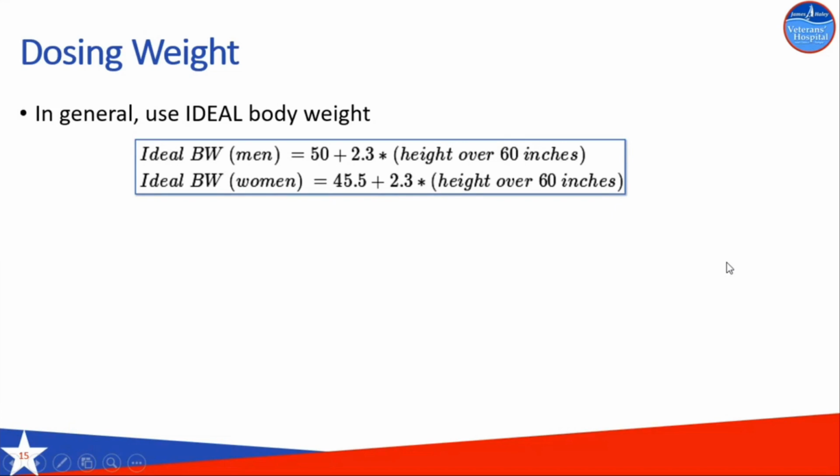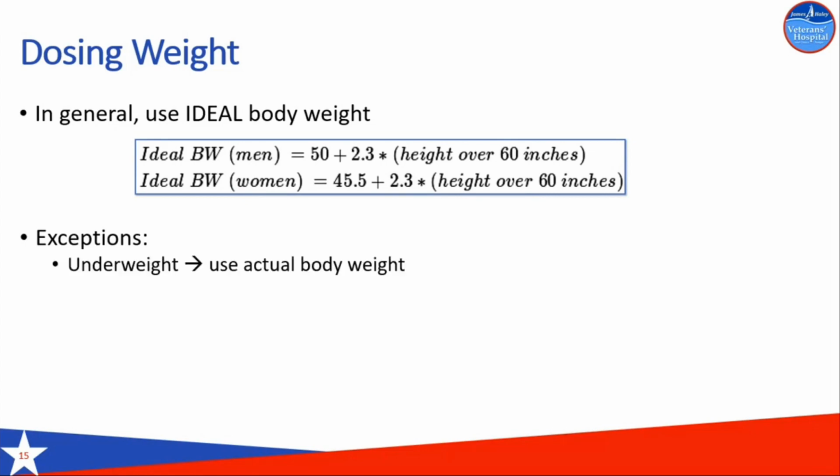In general, when we're talking about aminoglycosides, we want to use a patient's ideal body weight. I have the equation for calculating that up on the slide here. Of course, there are exceptions to this. If we have someone who's underweight, we don't want to be overdosing them, so we will use their actual body weight.